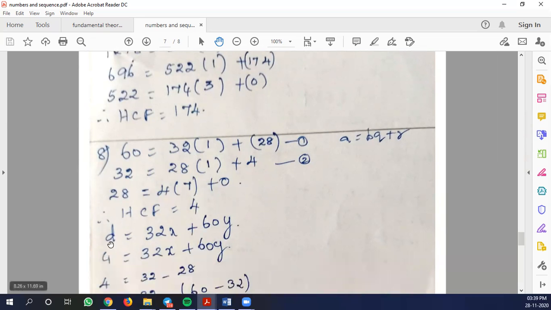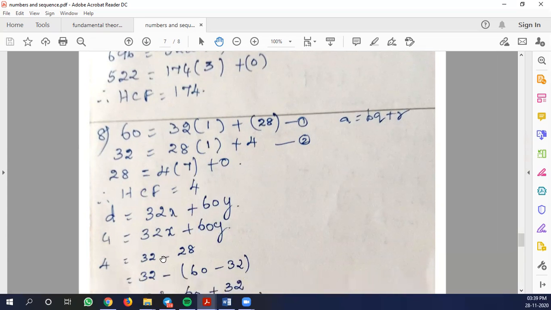But D is given as 32X plus 60Y, and D is the HCF. So 4 is equal to 32X plus 60Y. In the place of X, substitute the value. So 4 is equal to 32 minus 28.